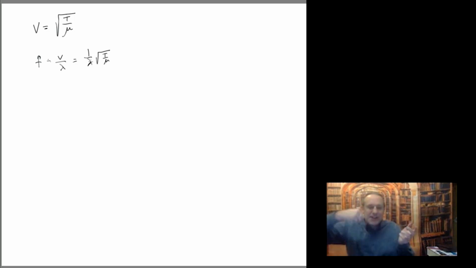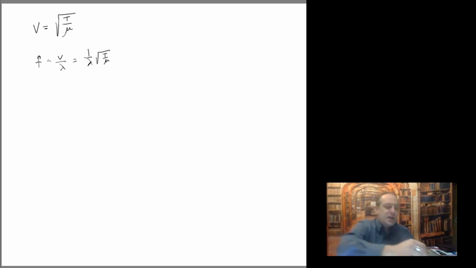Technically, if I pluck the guitar string, those waves go both ways. They start reflecting back and forth, and they join up. And when they join, we get what's called a standing wave pattern. I'm going to use the simulation from the lab to demonstrate what a standing wave pattern looks like. So let me bring that up.